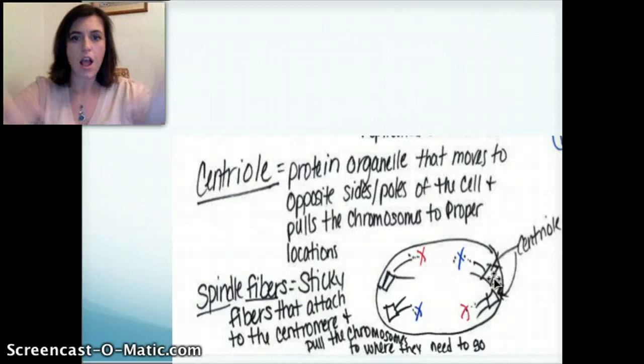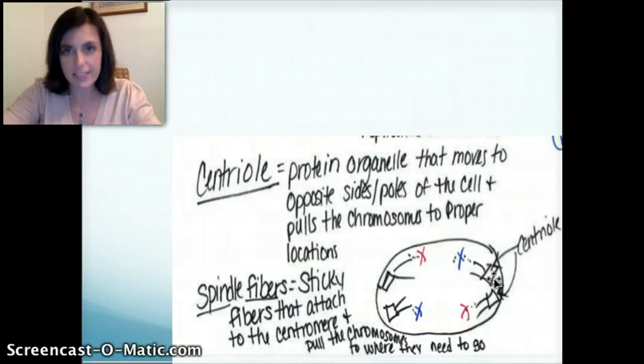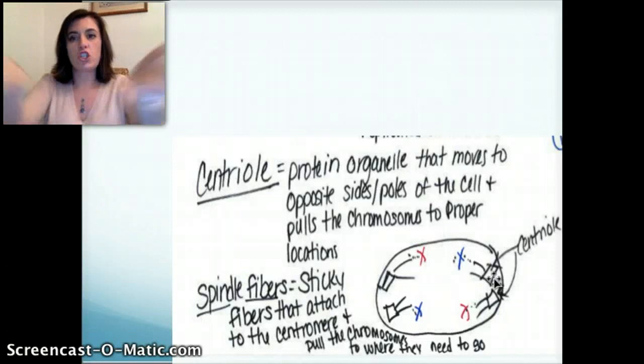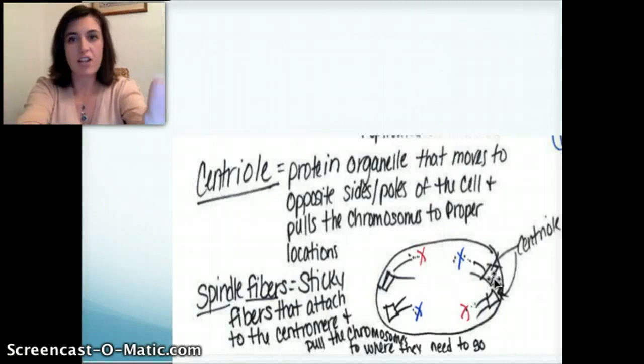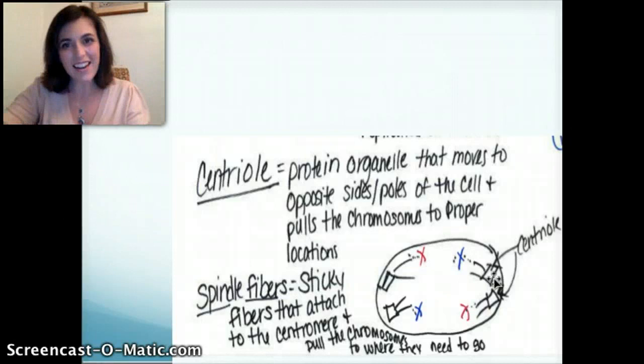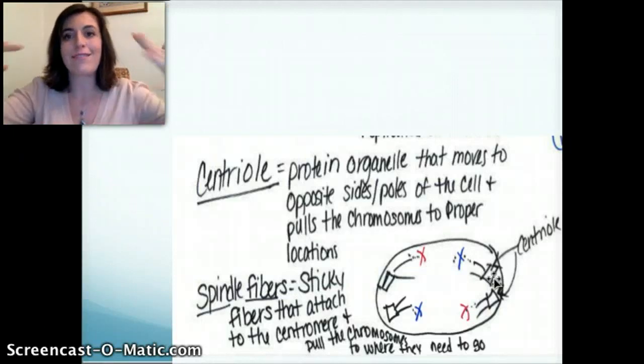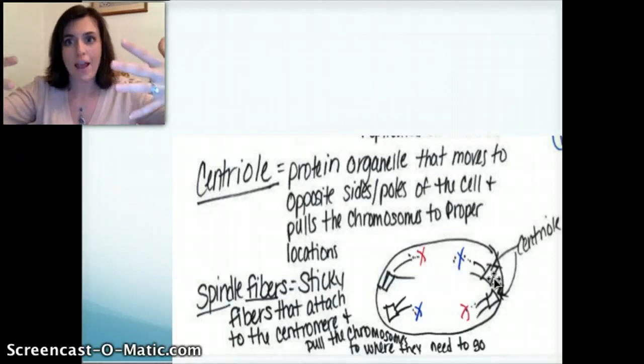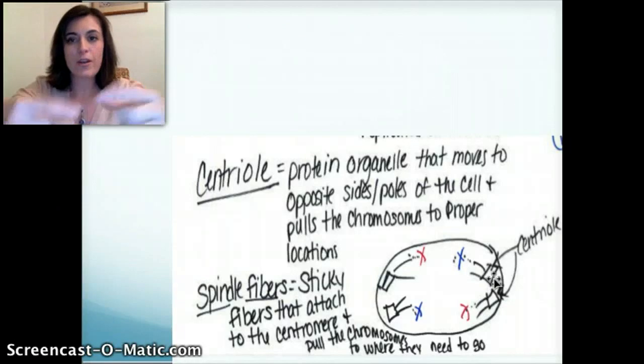And those Spider-Man lifeguards are like, whoa, that's not where you're supposed to be. I'm going to take you where you need to go. They shoot out that webbing and snatch onto the inner tube and pull them back into safety. That's kind of what these centrioles are doing. They're standing at the edge, shooting out those spindle fibers that are going to grab onto the centromeres and pull them where they need to go.